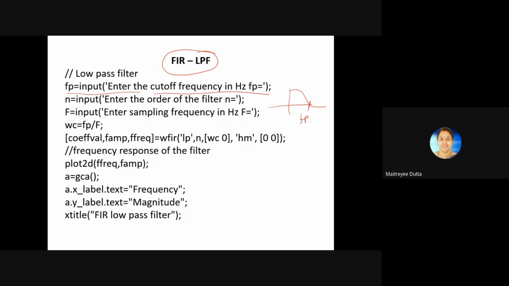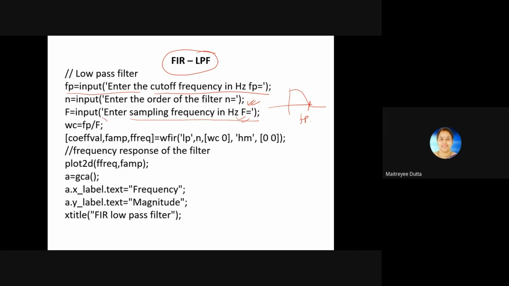And N is the order of the filter. And F is the sampling frequency. These three inputs we are taking: one is your cutoff frequency, another is your order of the filter, another is your sampling frequency. These three terms we want when we want to design.